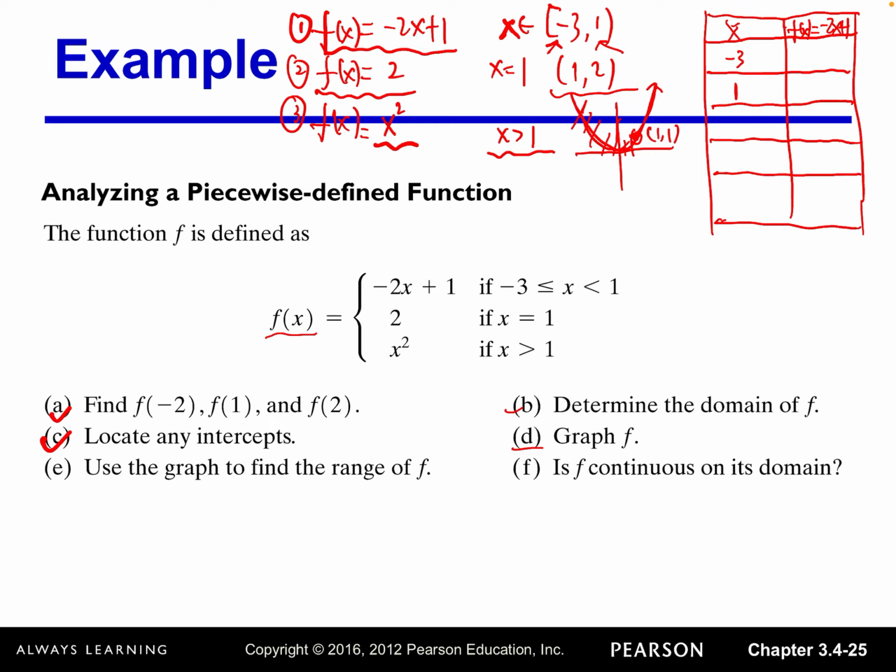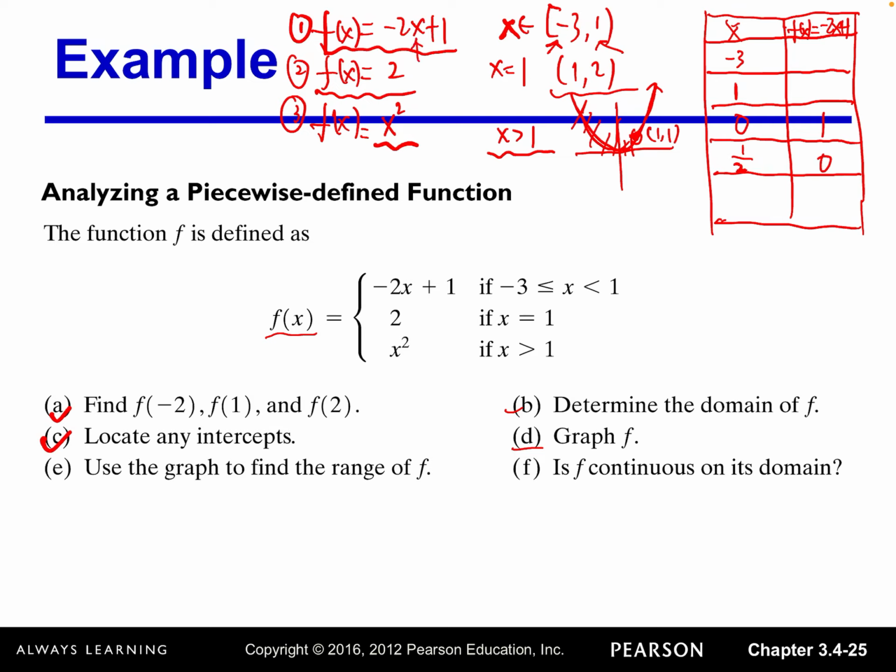Actually, from the previous video we already got those, right? When x equals 0, y equals 1. When x equals 1/2, y equals 0. Those are important points, so we need to include them in the graph. And then the boundary points, let's evaluate them. When x equals negative 3, replace x by negative 3.